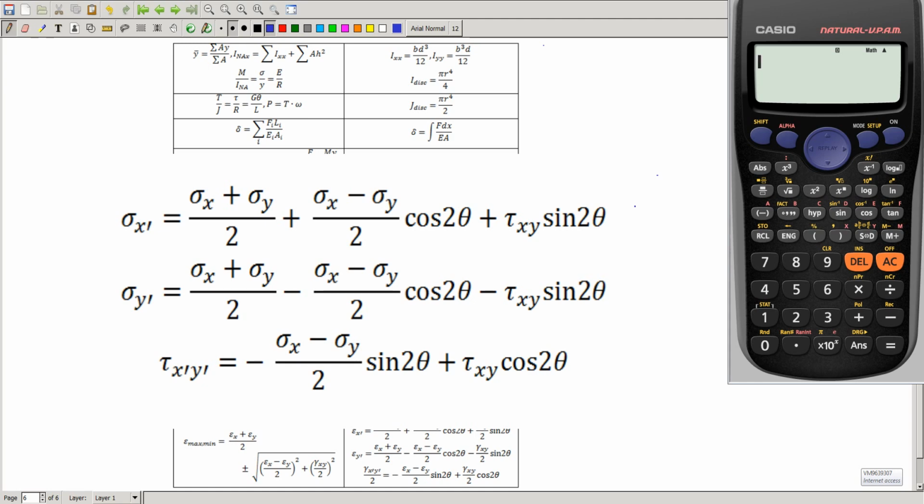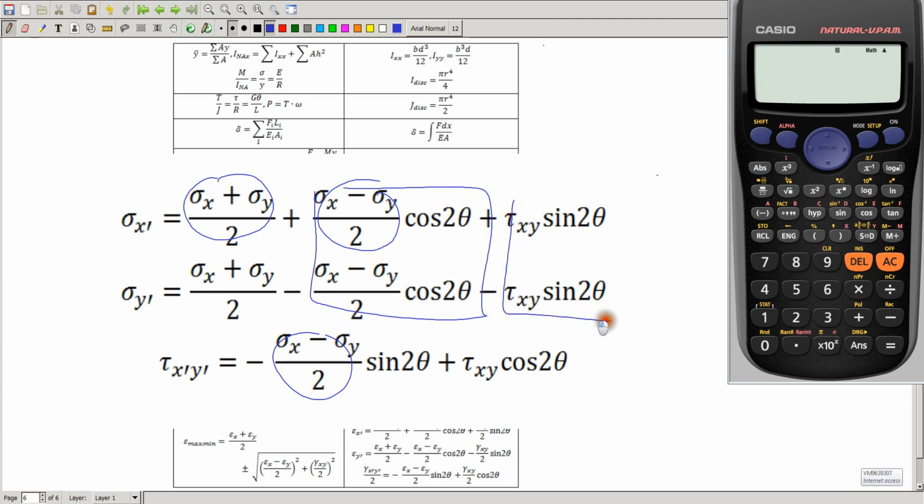Notice that we've got repetition of certain terms. We're doing this quite a lot, and also this and this are kind of the same. This and this are kind of the same. There's swapping of these terms here and here.